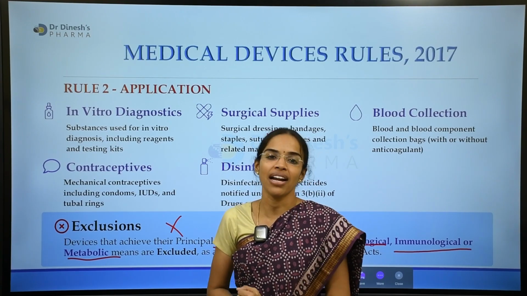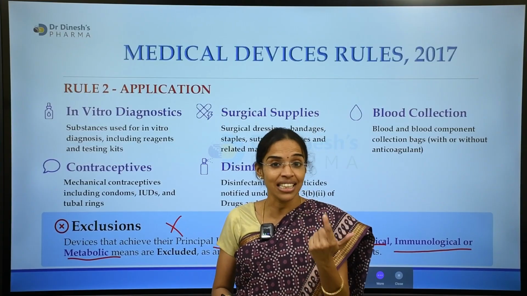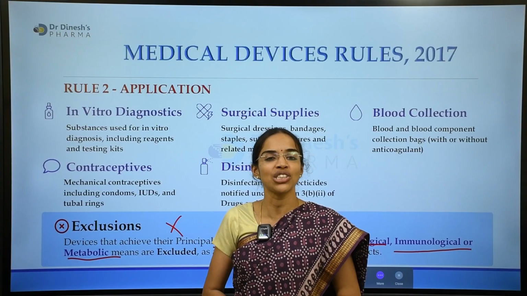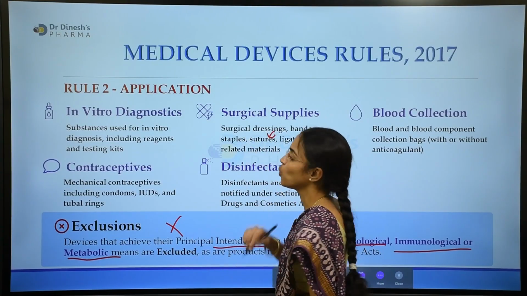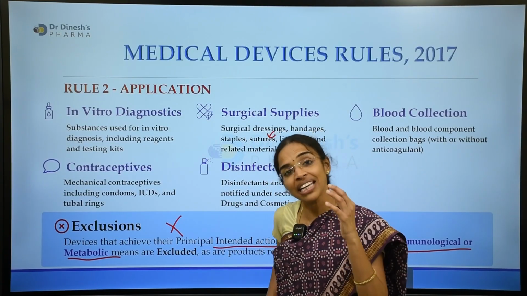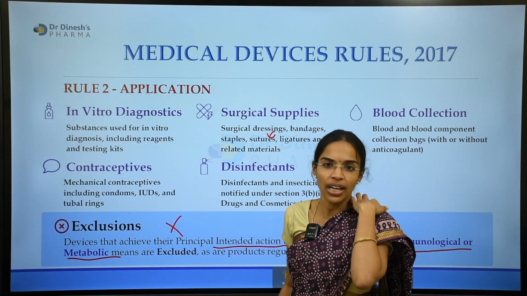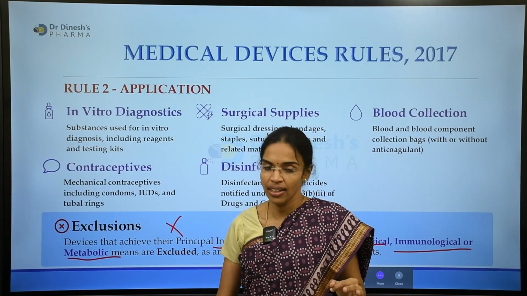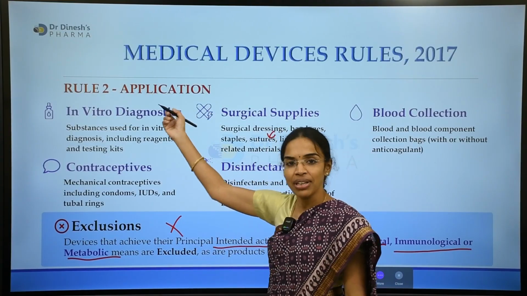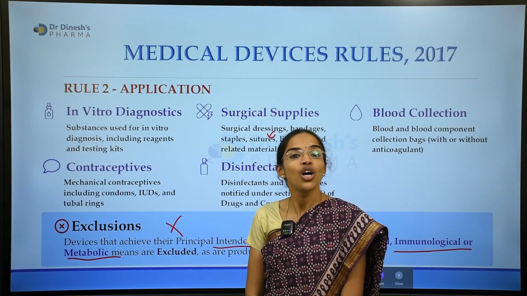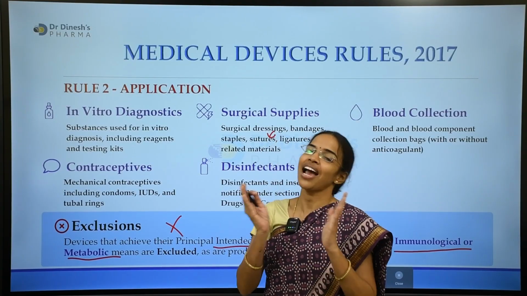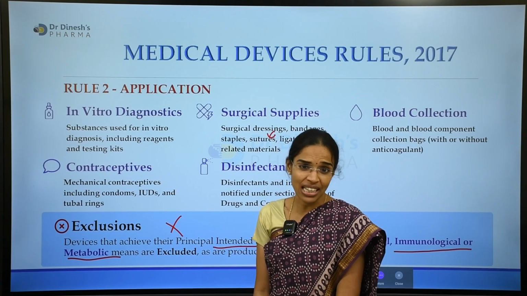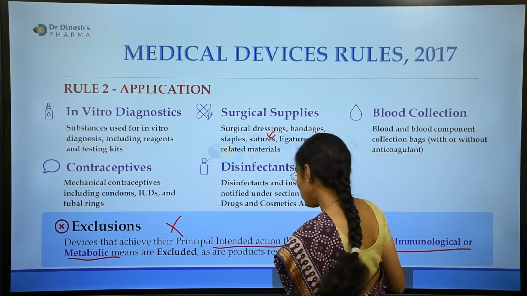But medicated surgical dressings and medicated bandages exert a pharmacological action, so they are excluded. Any stents which contain a pharmaceutical agent, an API, are also excluded from MDR 2017. This is about Rule 2, the inclusions and exclusions of Rule 2 of MDR 2017. Hope I was clear with the examples. Okay, moving forward.